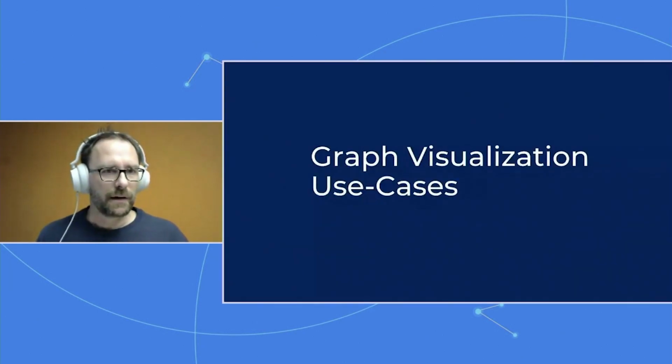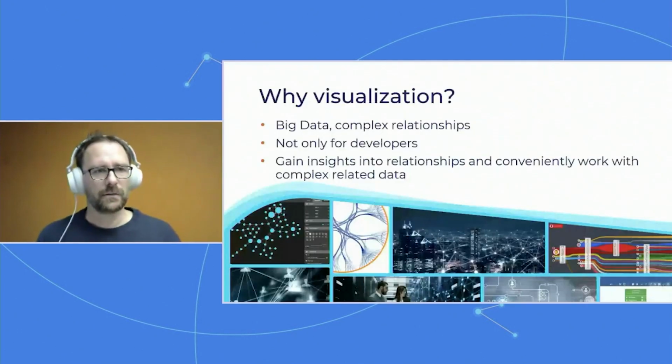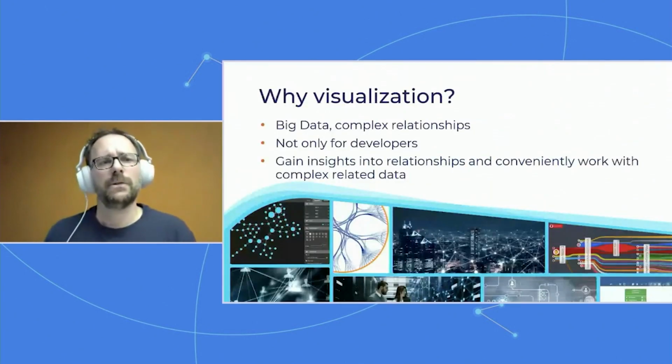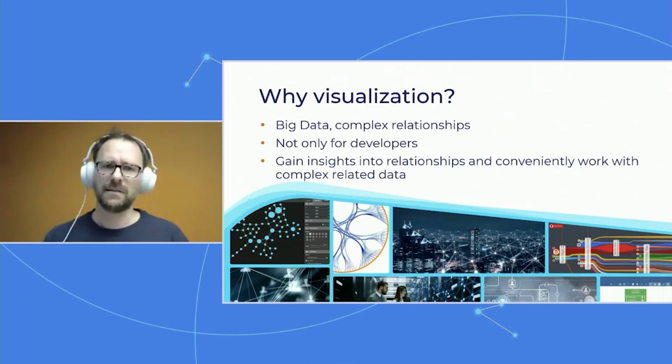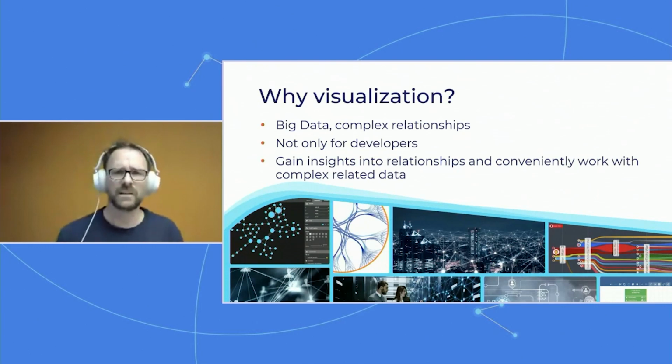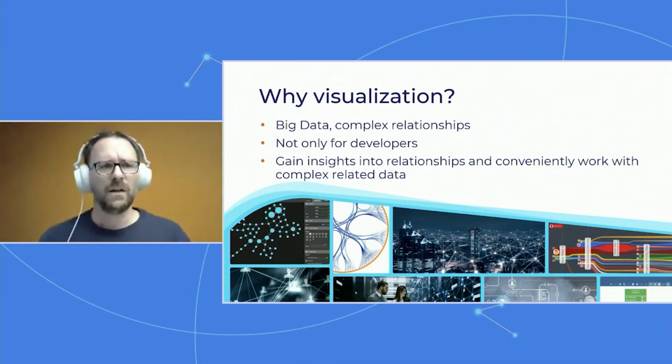Okay, so first some background on graph visualization use cases. As you know, much of today's data is not created manually, but it's collected automatically or aggregated from many sources. And so for most of these sources, being able to visualize relations and dependencies is not only helpful, but actually crucial for their understanding. So graph visualization is all about the relationships between entities and their properties.